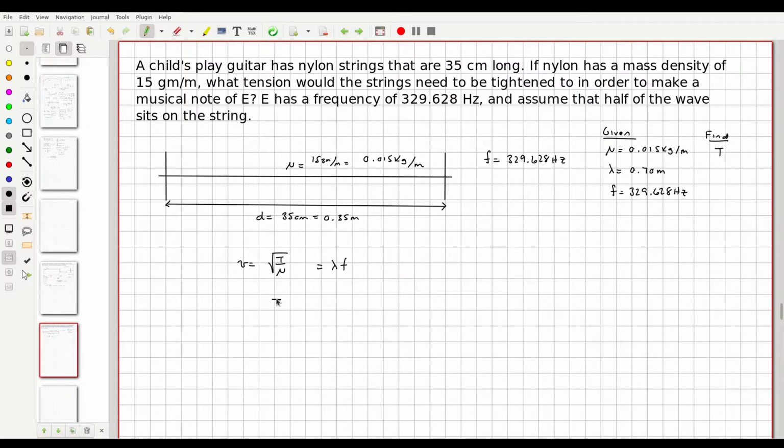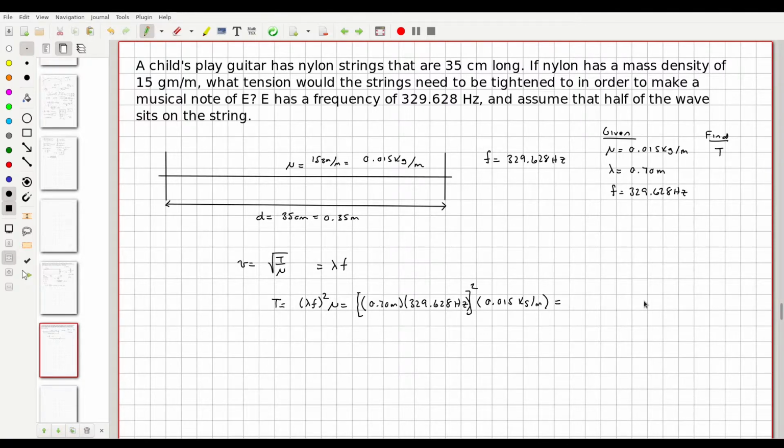All you do is solve for T. So again, lambda is 0.70 meters. The frequency is 329.628 hertz. Now we are actually squaring this. And then we have mu, which is 0.015 kilograms per meter.